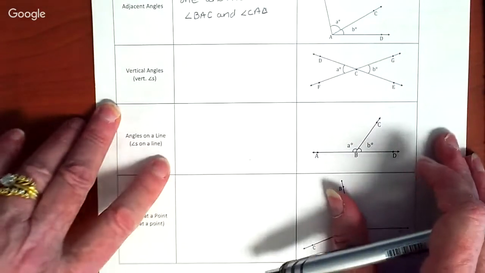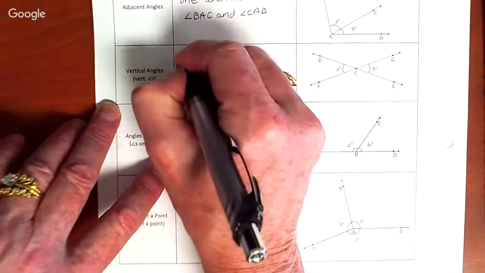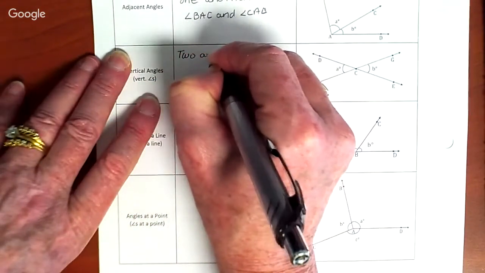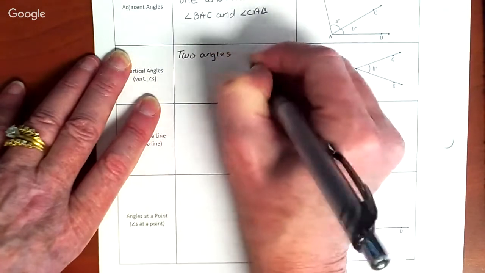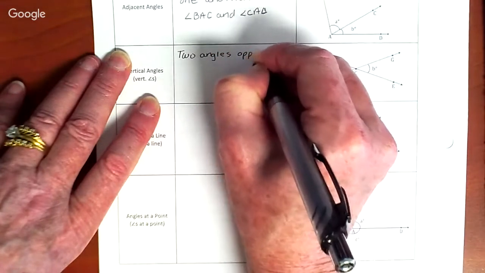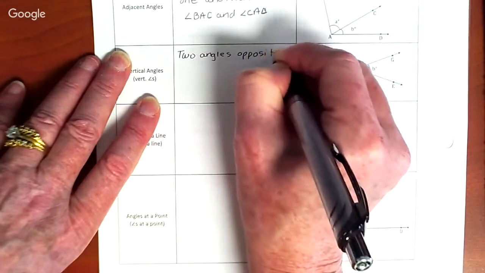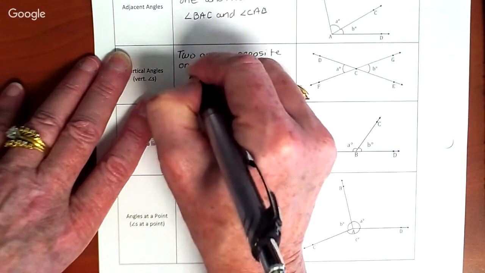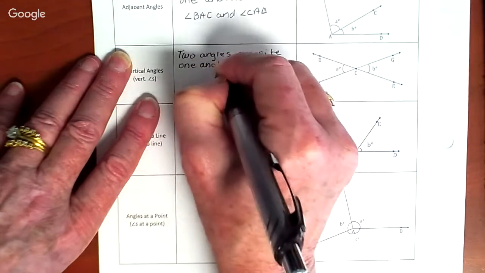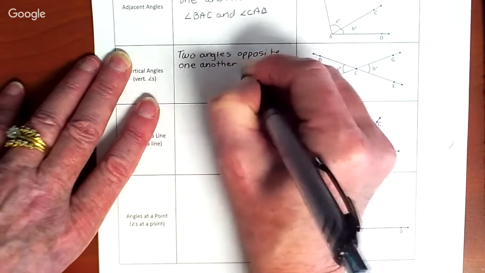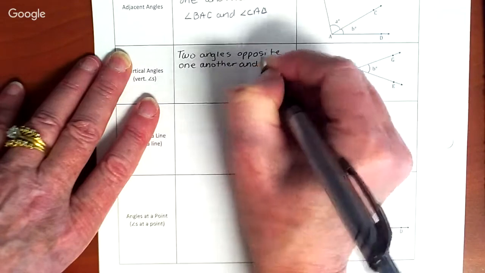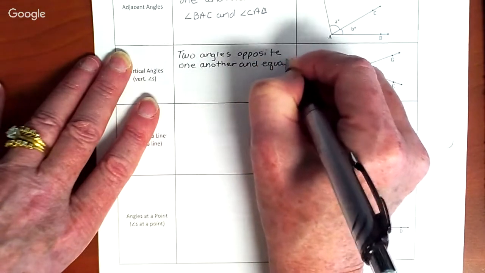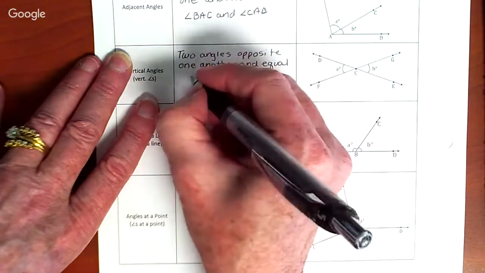Vertical angles are 2 angles opposite one another and equal to each other.